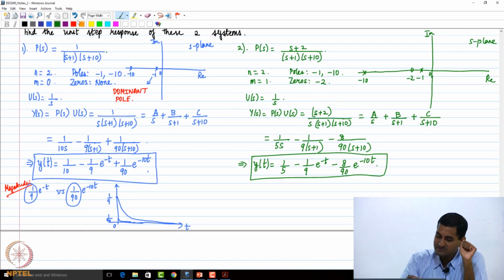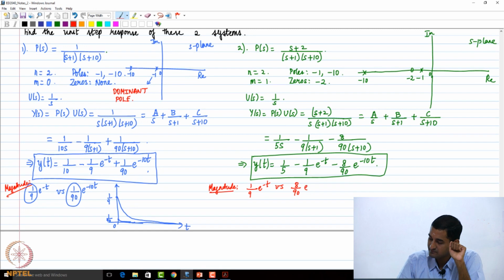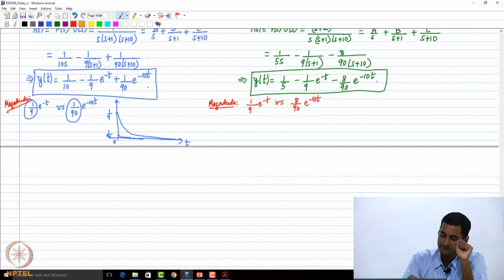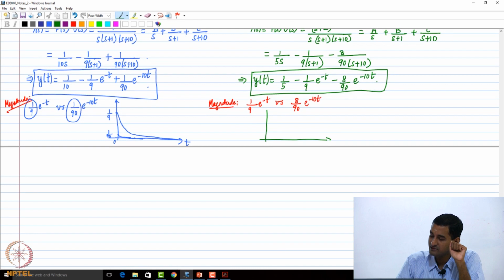But if I do a similar magnitude analysis, 1 by 9 e power minus t versus 8 by 90 e power minus 10t, what can you observe? What can you conclude? See, 1 by 9, let's say we start from here and then we come like this, and then let's say we go to 0, right? So let's say this is 1 by 9. Where will 8 by 90 start?